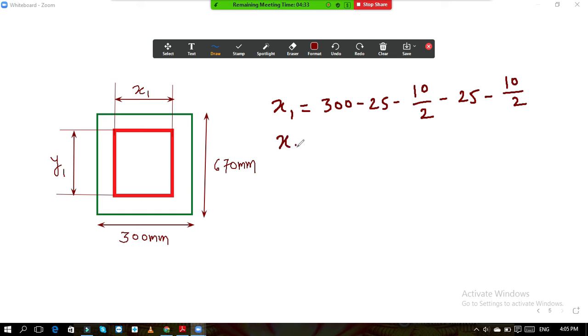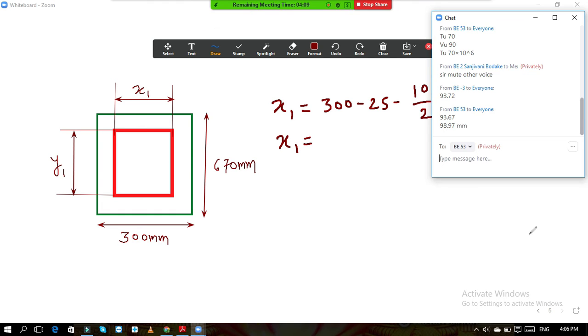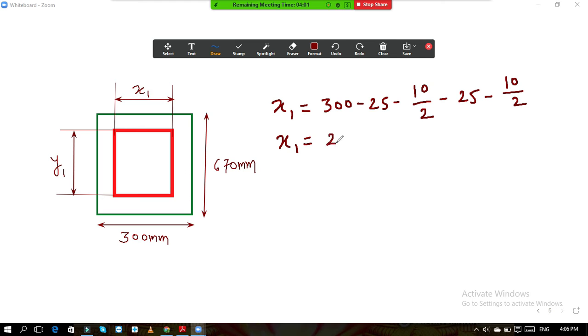Let me know the value of x1. x1 is 240 mm.